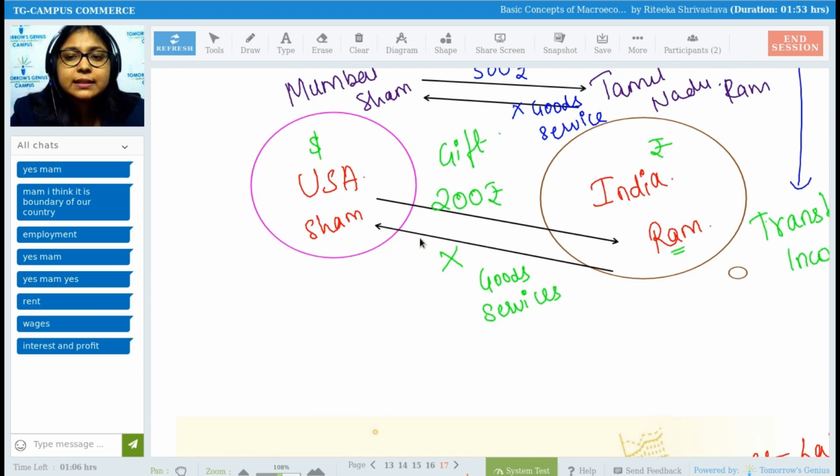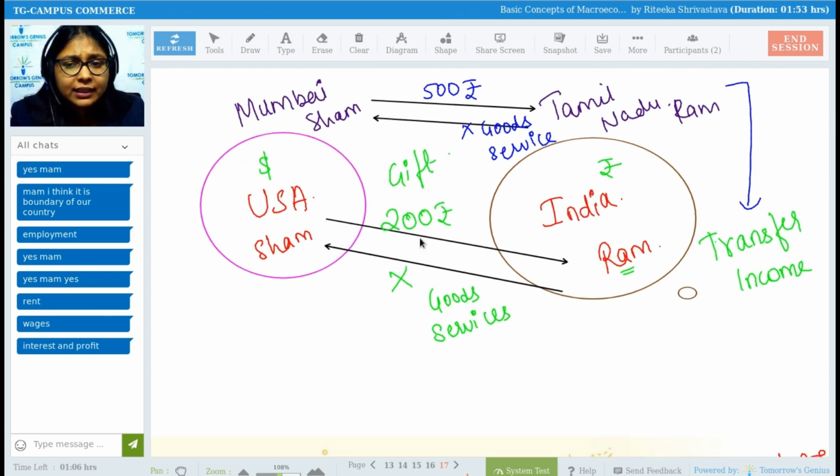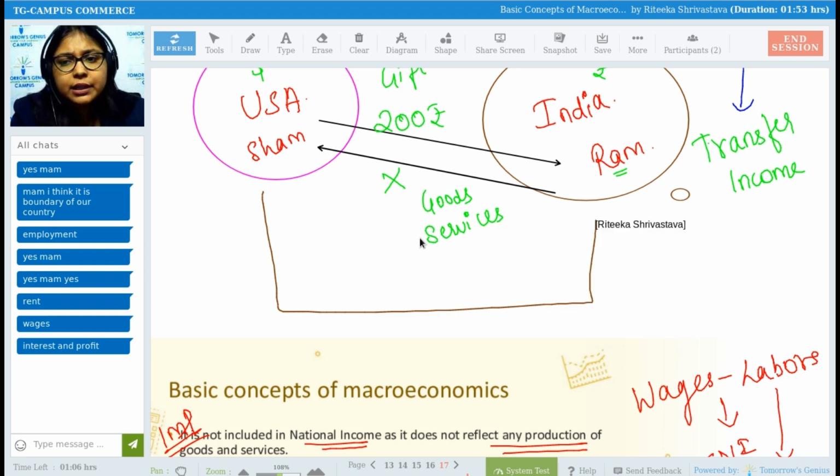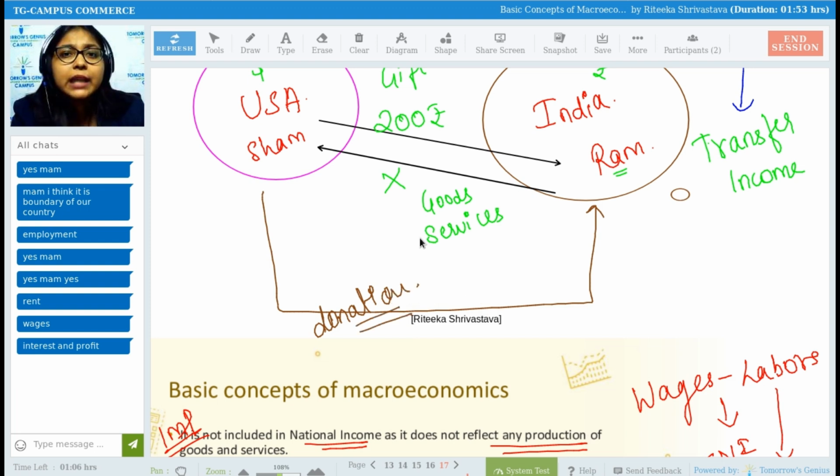Now, the same way as I took the example of Ram and Sham, it can be the Indian government and the USA government. Say suppose the USA government donates money, gives a donation to the Indian government. That is again a unilateral transfer, which will come under transfer income because it is just a donation.